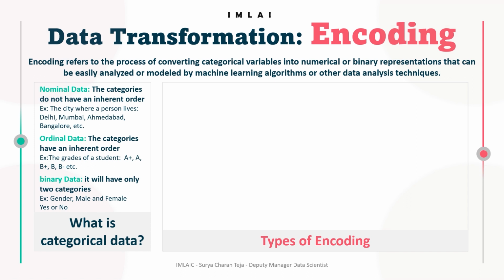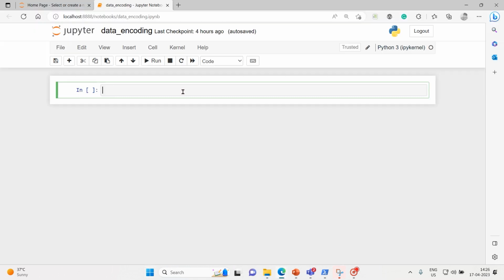For encoding categorical data, we have a special Python package called category encoders.